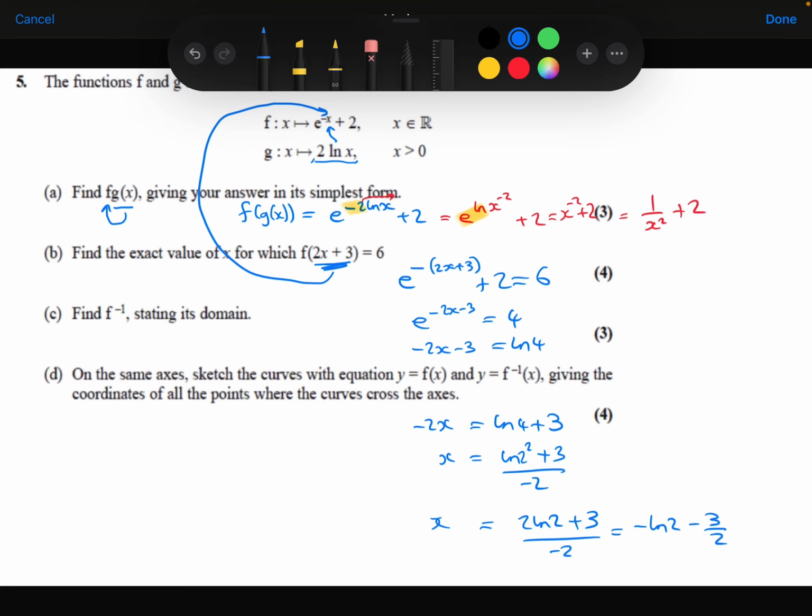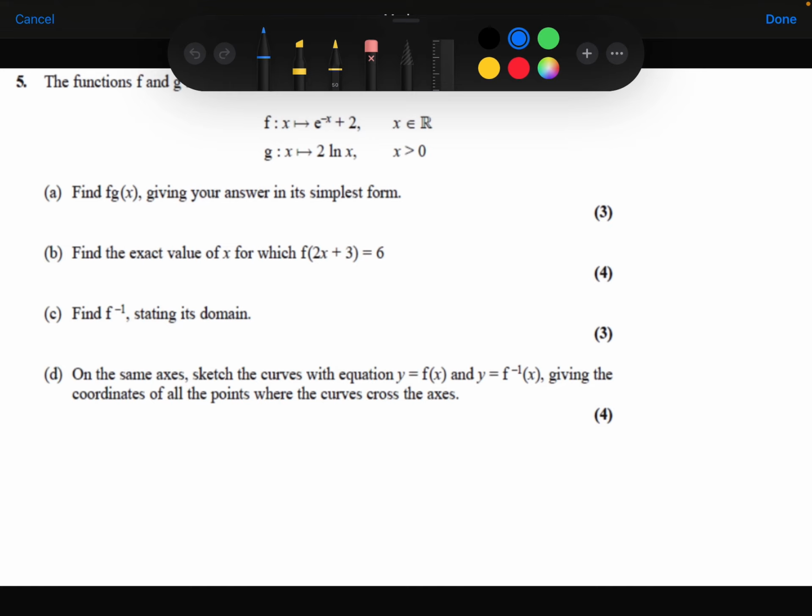Part C. Find f inverse, stating its domain. Right, well, f inverse, so let me first write down the f function. I know f inverse flips the x and the y. So let's swap the x and the y around.